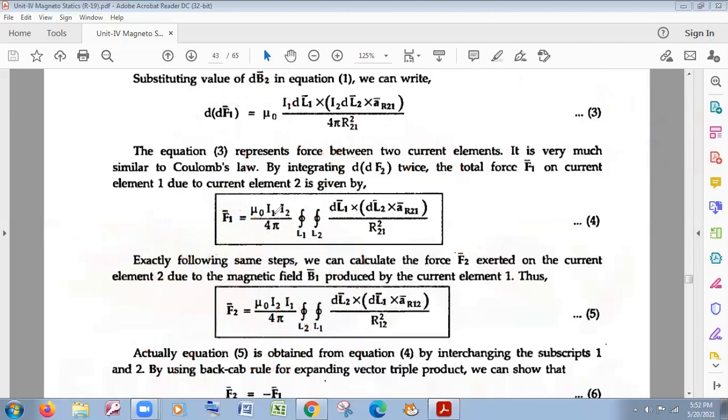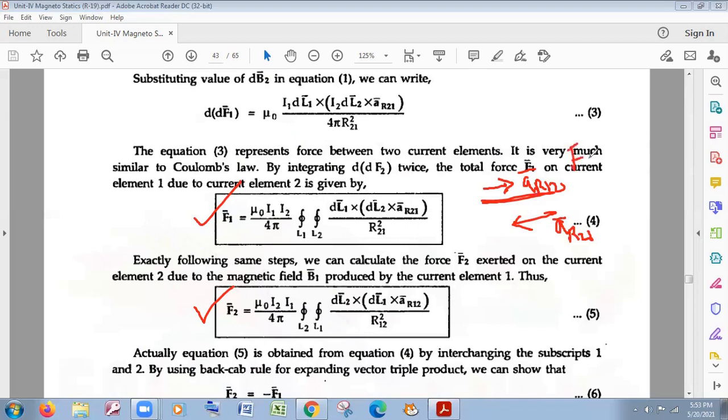The two equations we got are F1 bar is equal to, and F2 bar is equal to. See, in this, mu naught I1 I2 by 4 pi and mu naught I2 I1 by 4 pi are both the same. And here the cross product is dL1 bar cross dL2 bar cross a_R21. Either it is R21 or R12, the distance is the same, but the direction is different. Whenever it is R12, a_R12 is in this direction, but this unit vector a_R21 direction is different.